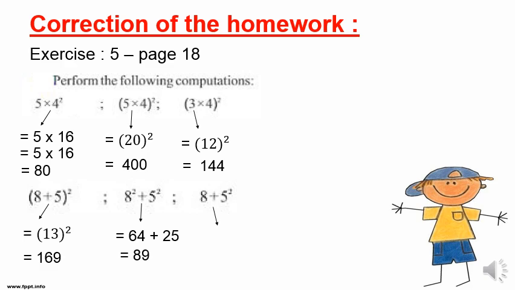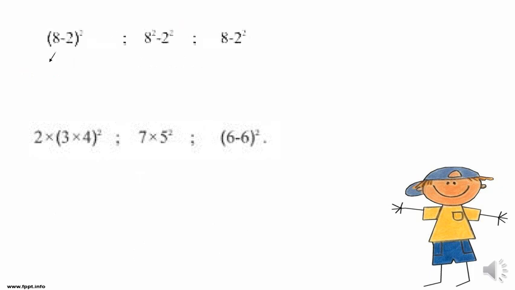Okay, the last one, we have addition and an exponent. First, let's start with 5 squared, which will be 8 plus 25, to give me 33. Here, similarly, start with the parentheses, 8 minus 2, which is 6 squared, to give me 36.